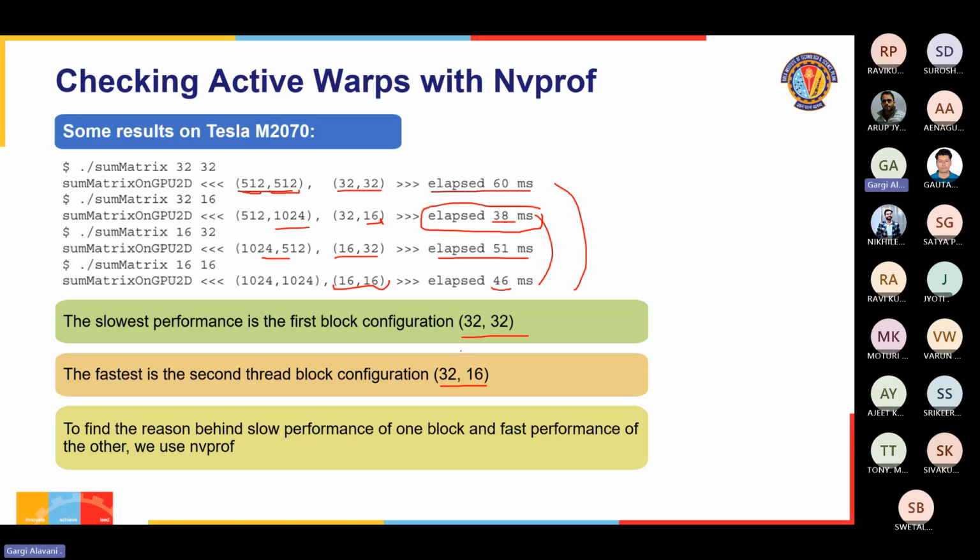So that's what. Now here you have 512 by 512, so this value comes to around 262,144.